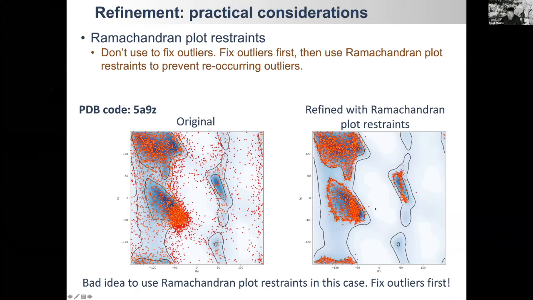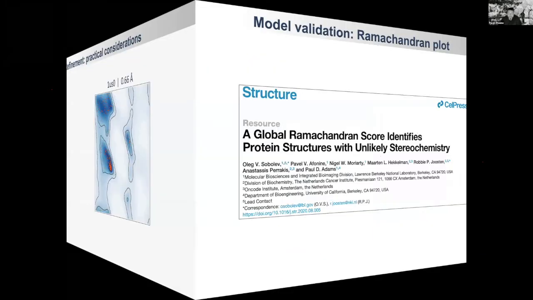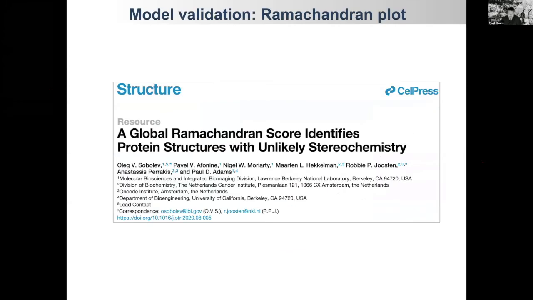And we have the answer for you. We developed a tool. Oleg Sobolov developed a tool, and it's available in Phoenix, that allows you to supply a structure, and that tool will tell you whether the Rama channel plot distribution corresponding to that structure is meaningful or not.